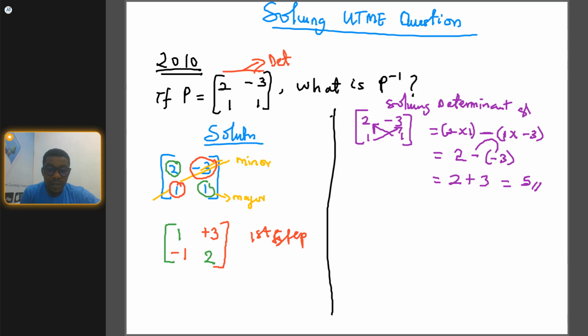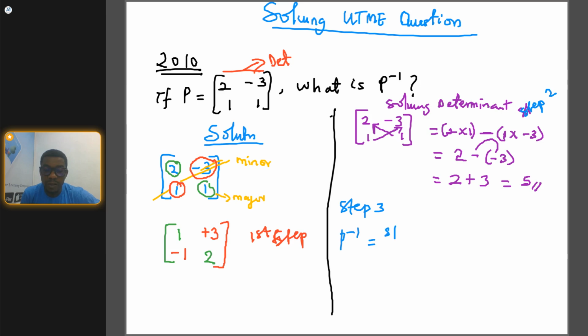Now we are going to step 3. What is step 3? P inverse will now be equal to the step 1 result divided by the step 2 result.